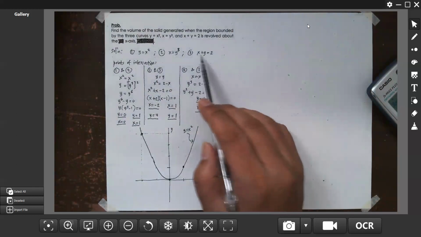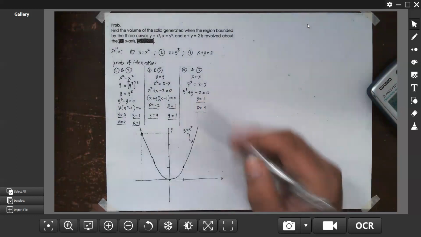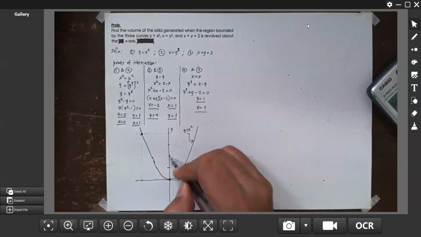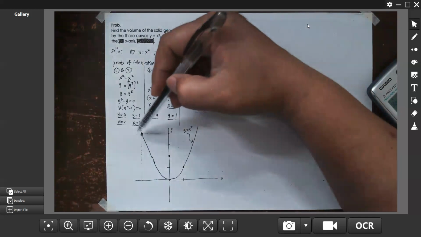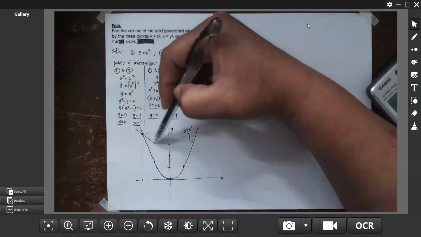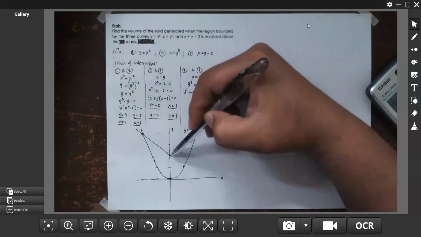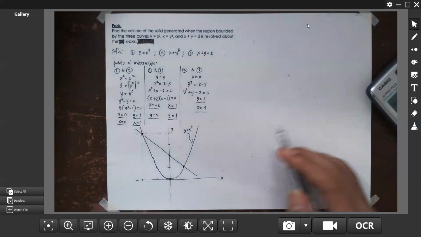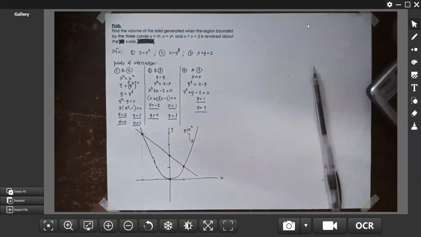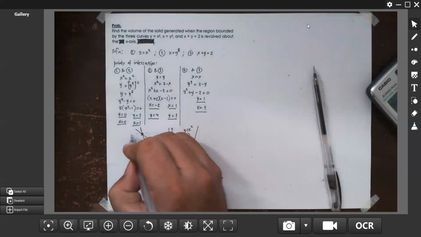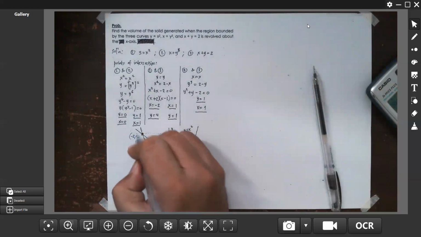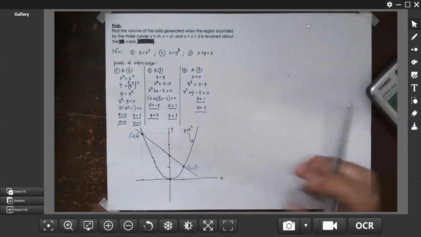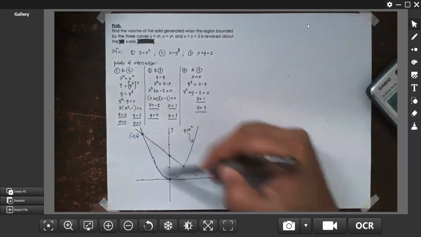For the y-intercept, x is 0, so y equals 2. So the line will pass through this point also. So this is the line, with the points negative 2, 4 and 1, 1.